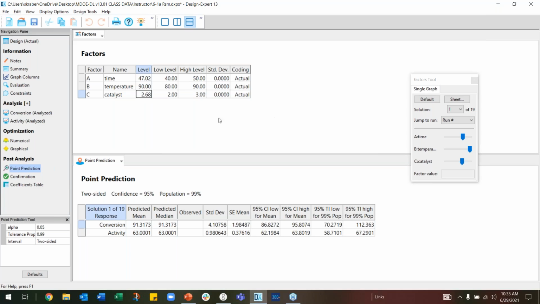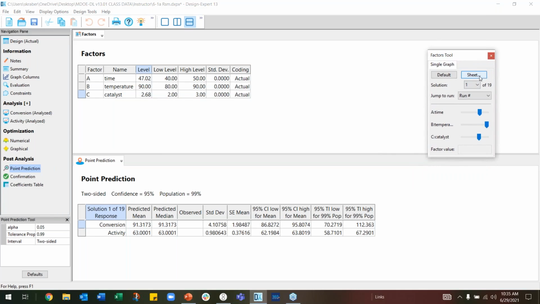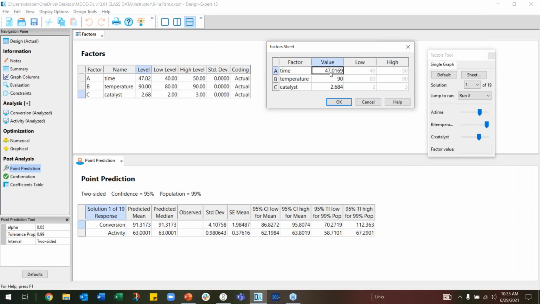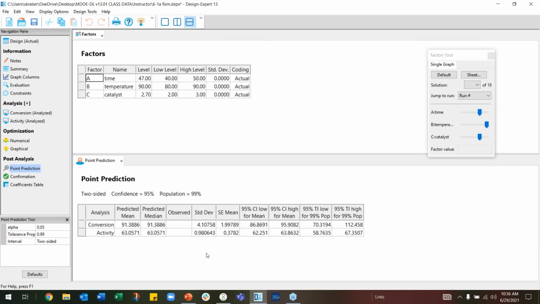Now, if you wanted to change that just a little bit, you certainly can. You just click on the sheet mode, and we could put in a value more precisely at 47, and maybe 2.7 would be desirable. Depends on how precisely you can control that catalyst. Then you click on OK, and down below you'll see that you get a 95% interval.